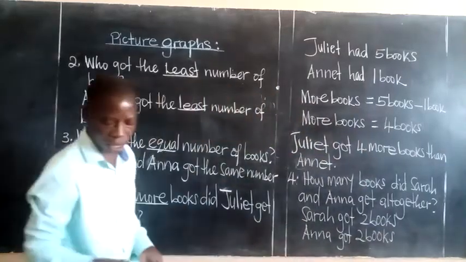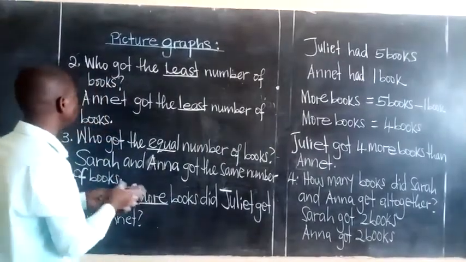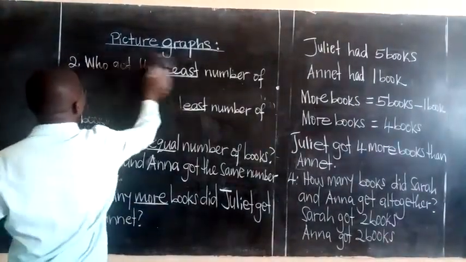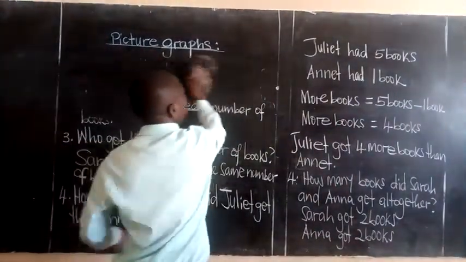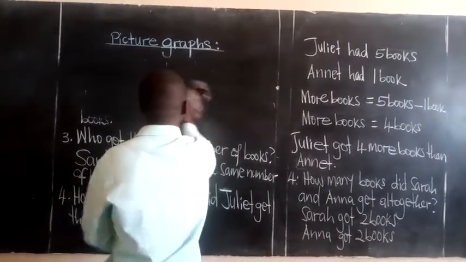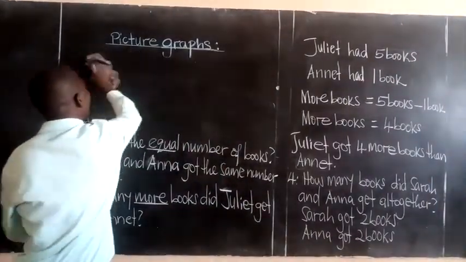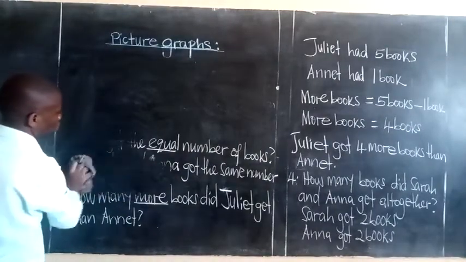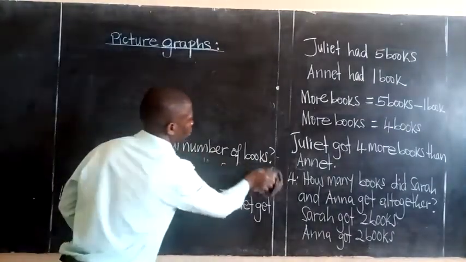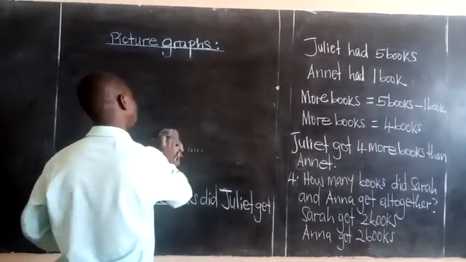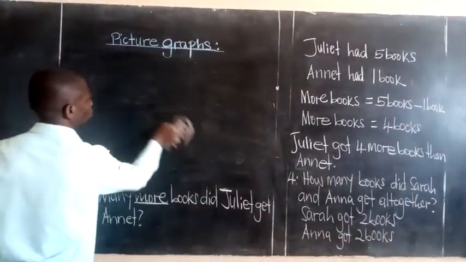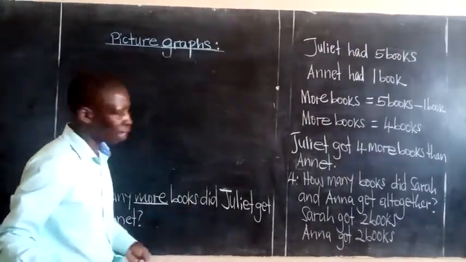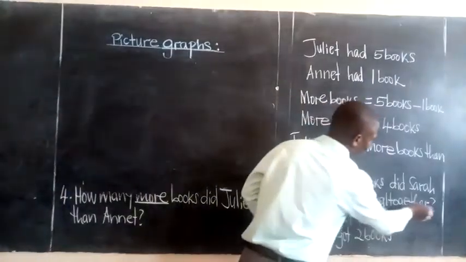Then all together, our keyword there is all together. We said all together means total. You get the total by doing what? By adding.